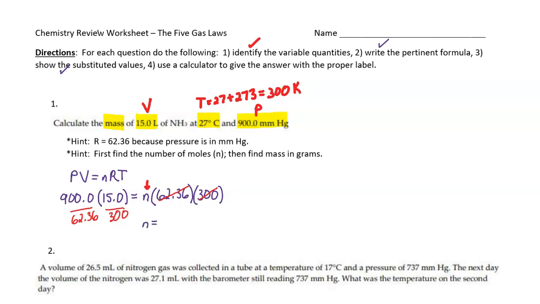N equals an answer that you get on the calculator when you type in this math expression. This is going to have a combination of multiplying and dividing. Anything up in the top is multiplied, and then those two numbers in red ink are divided. The result is 0.7216 moles.